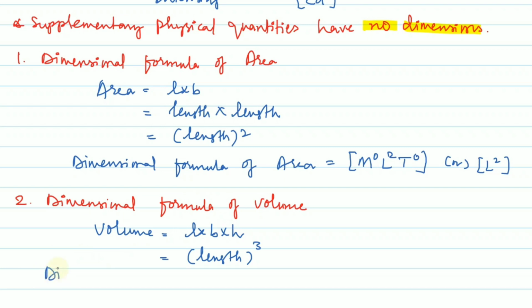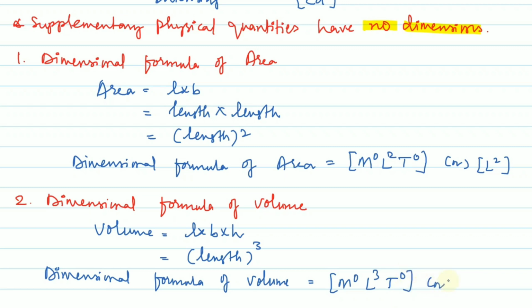The dimensional formula of volume is M to the power 0, L to the power 3 and T to the power 0. Or this can also be written as L to the power 3. Here the dimension of volume is 3 in length, 0 in mass, and 0 in time.